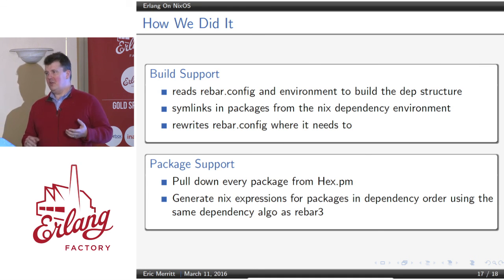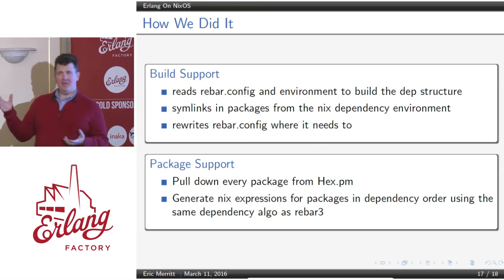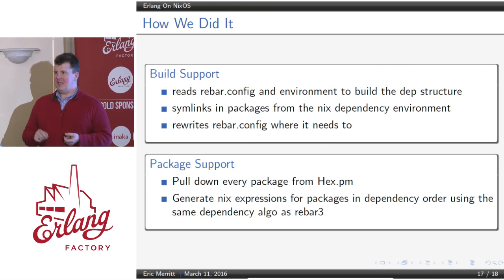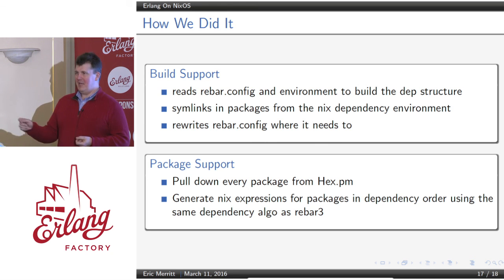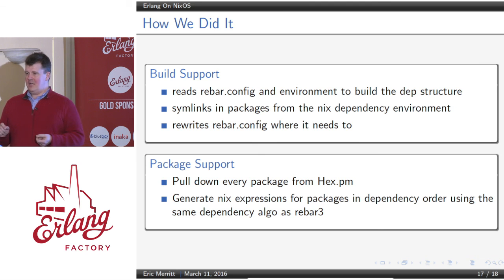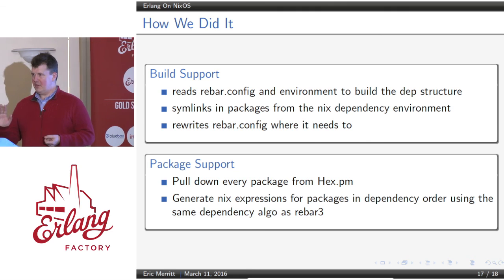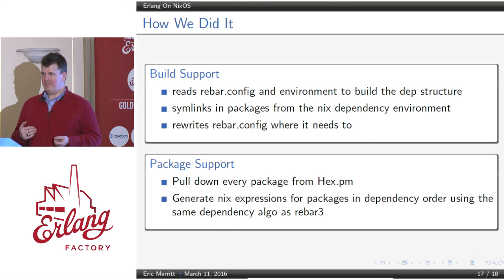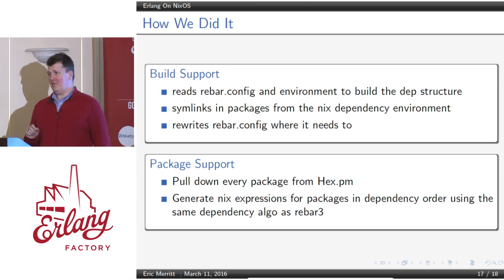That tool looks at the Nix Erlang environment, creates a symlink farm in the _build directory in the right profile, and makes sure that matches what Rebar 3 expects, and then Rebar 3 can be called. It's actually pretty straightforward. In some cases, it may have to manipulate the Rebar config, and it'll make a copy of that and point Rebar 3 to the copy. And that's how we support it. It's not optimal.